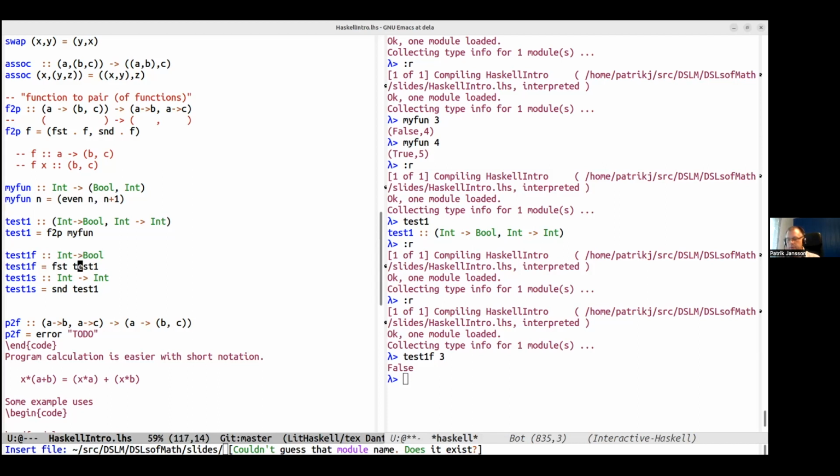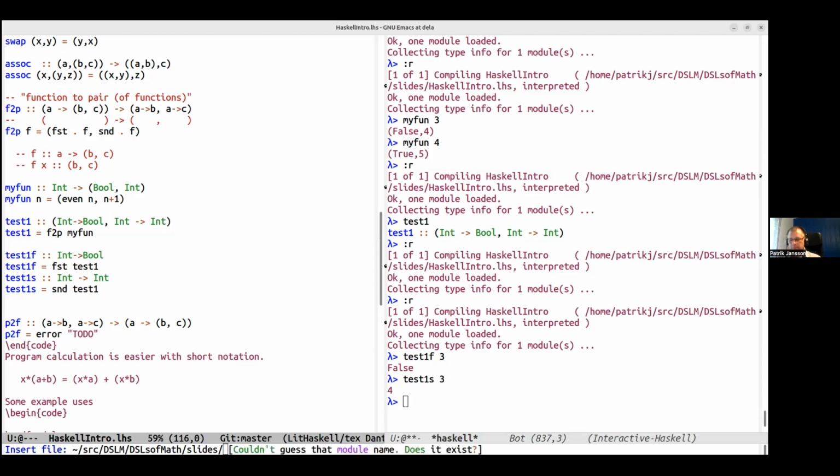But you may remember that we said that Haskell is lazy. So when we do this first component computation, we actually will not compute n plus 1. It will only check if the value is even. And then test1s of 3 is 4. So that's the function which takes n and adds 1 to it.